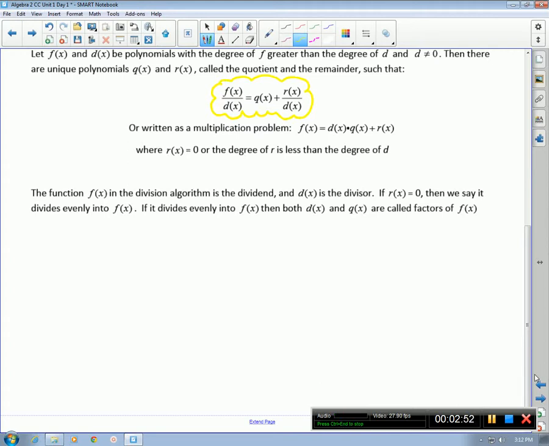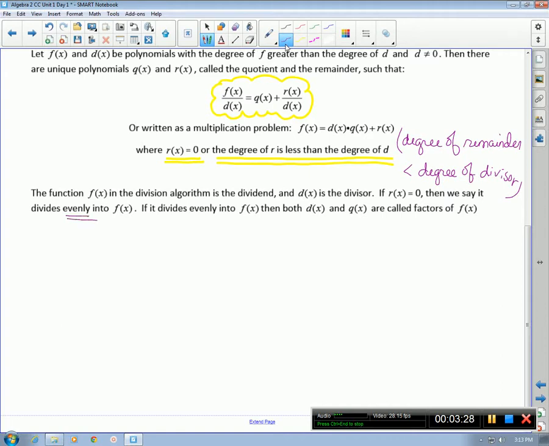So the remainder is either going to be 0, or the remainder, we're sure, will have a degree smaller than the degree of the divisor. So we know the degree of the remainder is less than the degree of the divisor. That's just what that is saying, sort of in simpler terms.